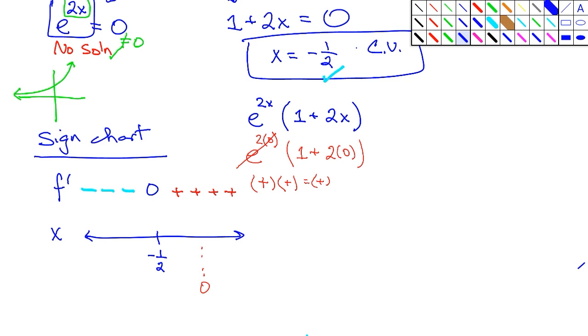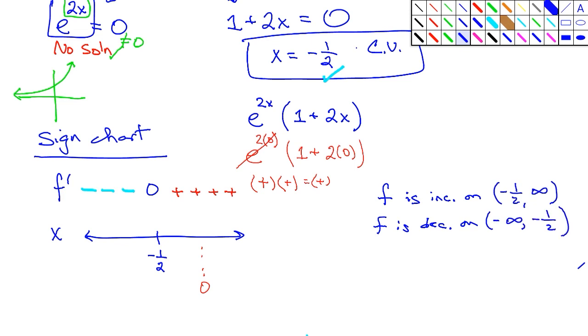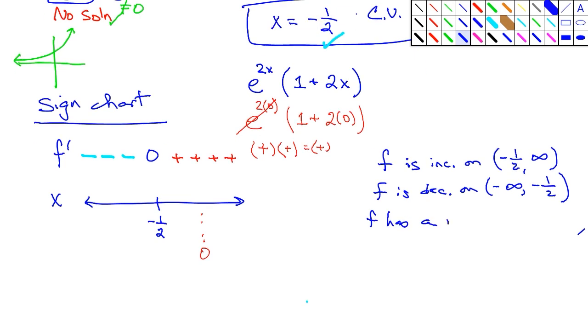Now we can write the statement. So f is increasing on negative 1/2 to infinity. f is decreasing on negative infinity to negative 1/2. And f has a, we can start off by saying it's a relative minimum, right?